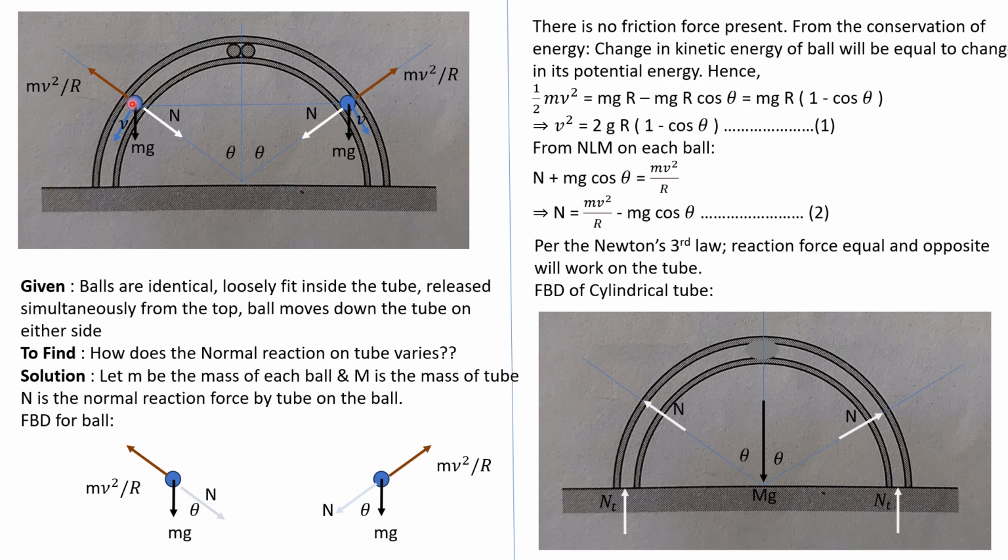So what is happening here? Since the balls are moving in circular motion, they will experience a centrifugal force that will be mv square by R, where capital R is the radius of the arc of the cylinder tube.